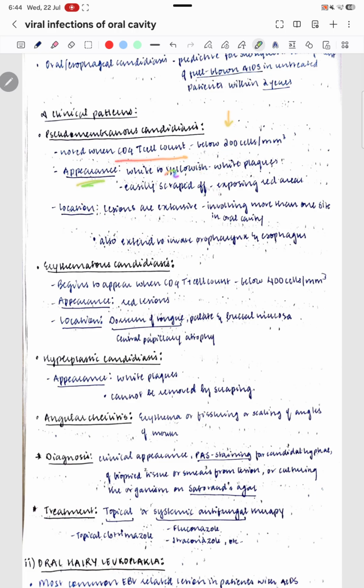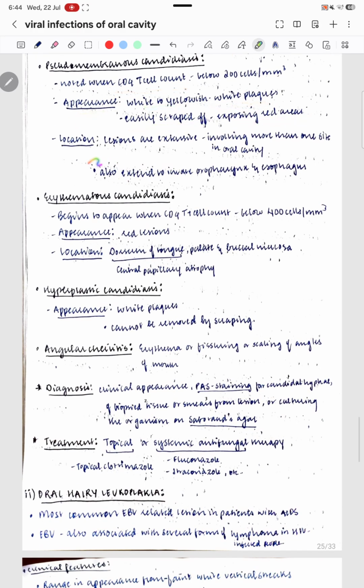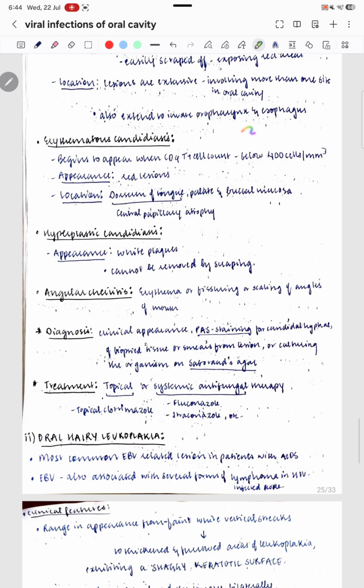The appearance is white to yellowish white plaques, easily scrapable, which expose red areas. Now for location, lesions are extensive, involving more than one site in the oral cavity. It also extends to involve the oropharynx and esophagus.